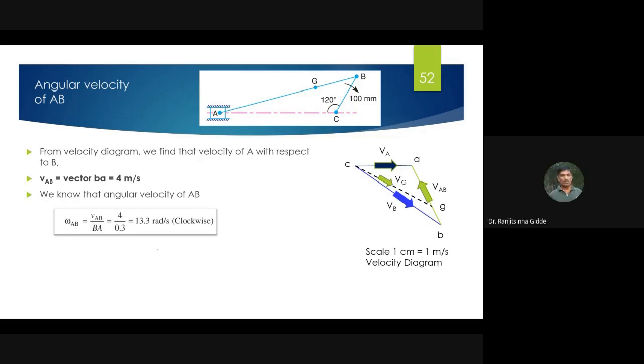Okay. So this is a diagram from the book. This is for your reference.